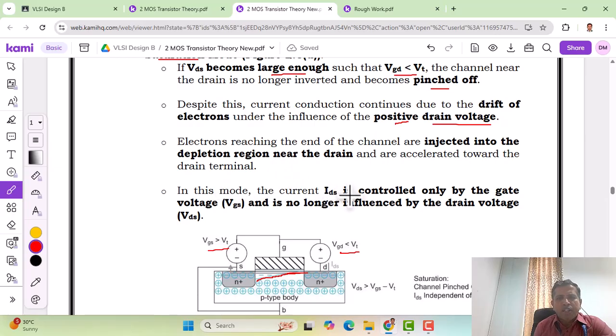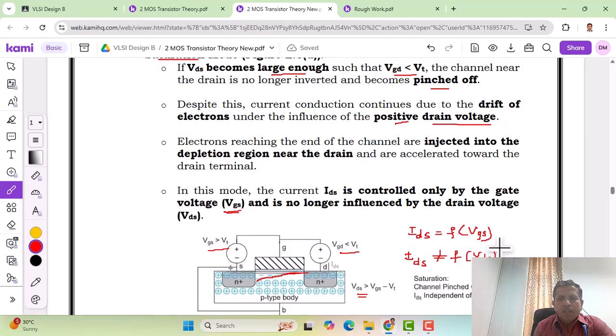In this mode, the drain to source current is controlled only by the gate source voltage, because an increase in drain source voltage beyond this point, VGS minus VT, doesn't have control on the drain source current. So IDS is now a function of VGS alone. IDS is completely independent of VDS.